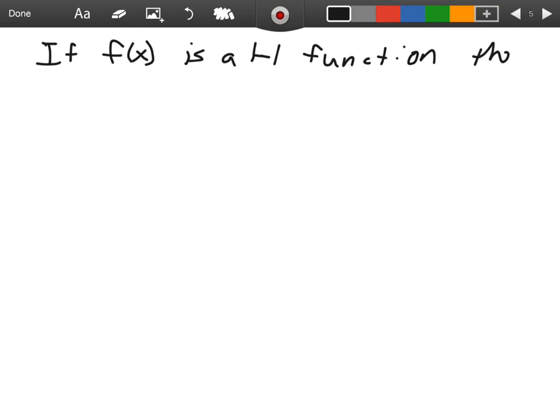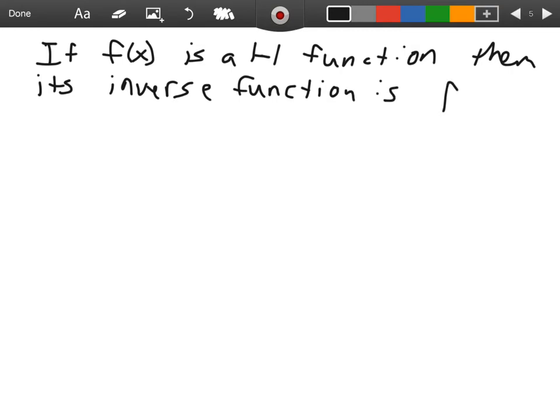So, if f of x is a 1-to-1 function, then its inverse function is f inverse of x.